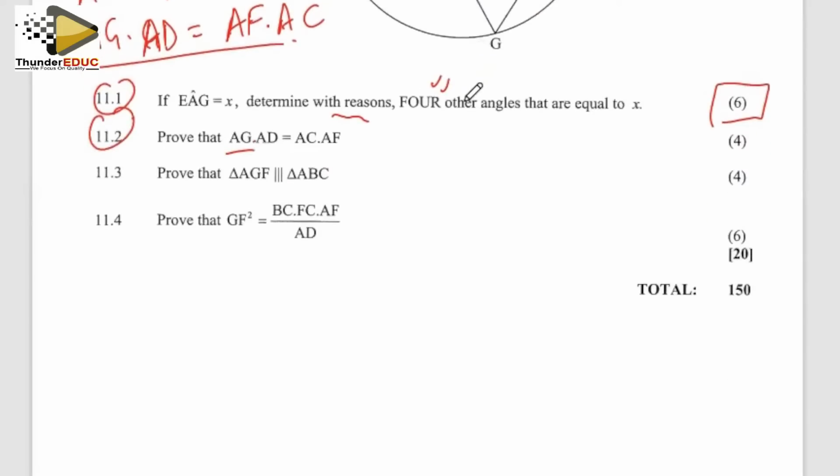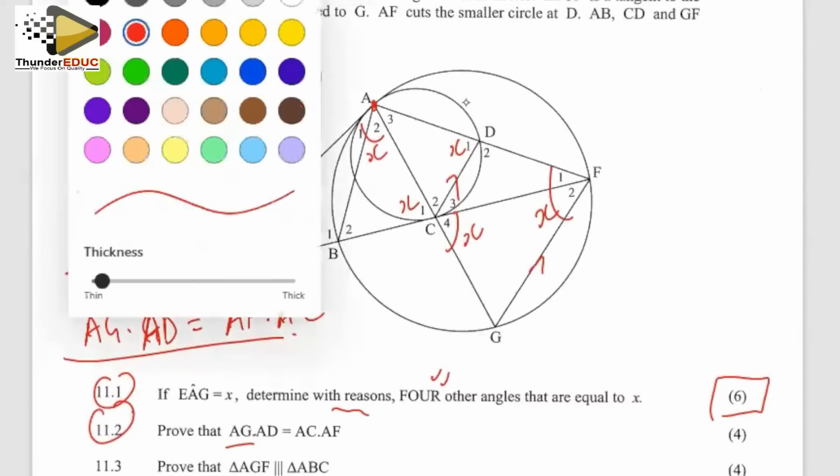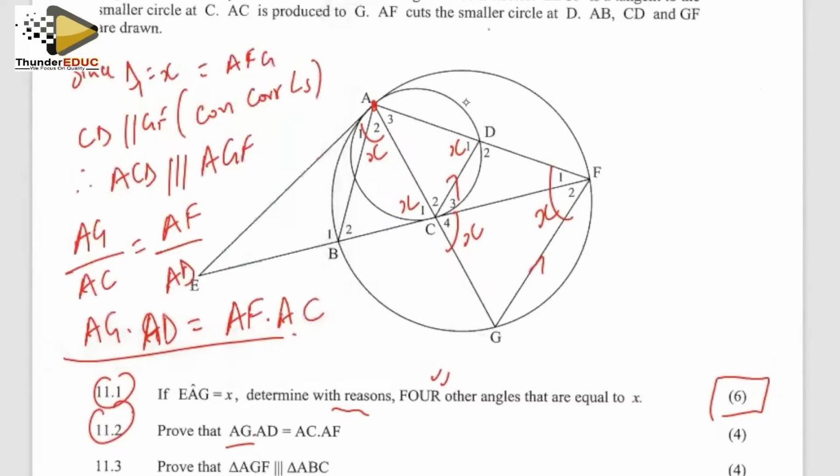Then 11.3, they want us to prove that some triangles are similar: AGF, this big triangle, is similar to ABC.